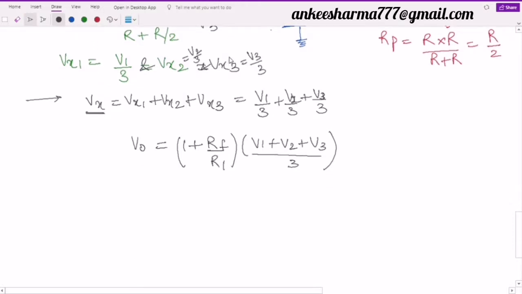Now look here, in this case we have obtained the sum of the voltages V1 plus V2 plus V3. Now what if I have to find the sum equal to only V1 plus V2 plus V3? What I have to do, I have to make this 3 be cancelled with this 1 plus Rf by R1.